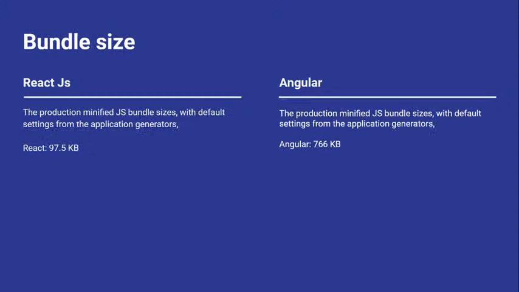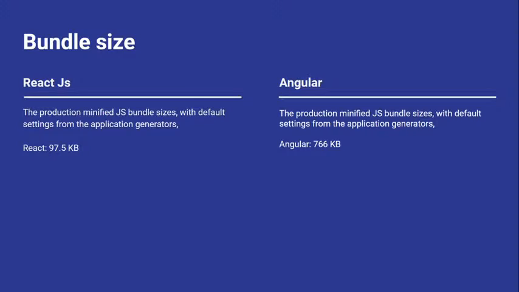And again, the bundle size. The application size, the production minified JS bundle size. This is the bundle size of a default application. When you create a new application and immediately run the build command, you get 97.5 KB, even though you are not writing any logic and nothing is changed in the code.